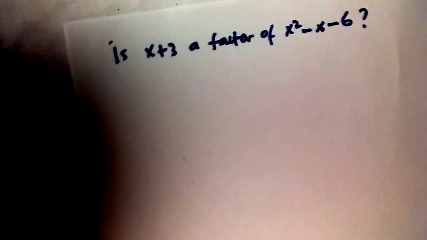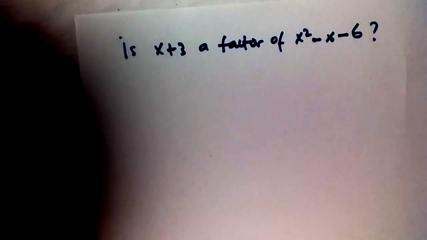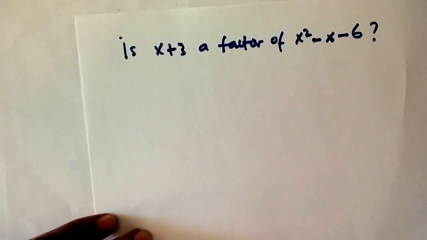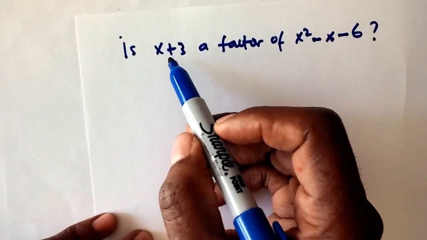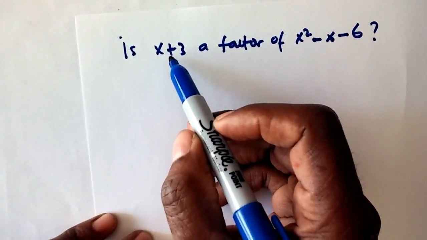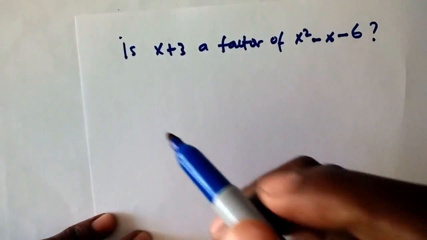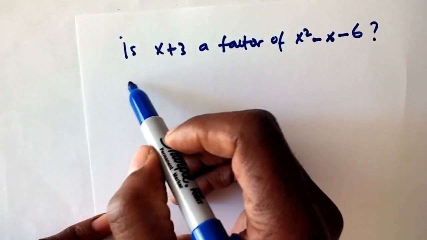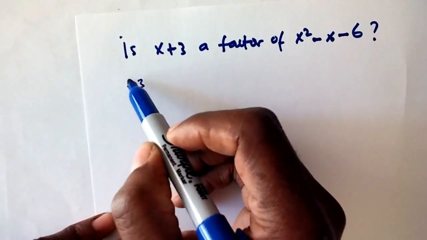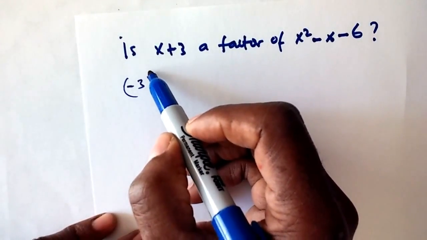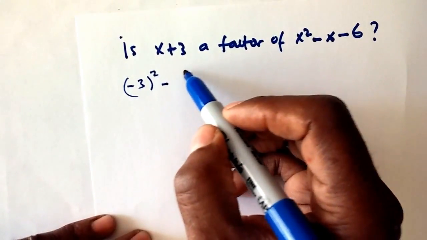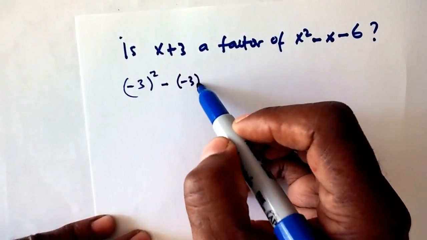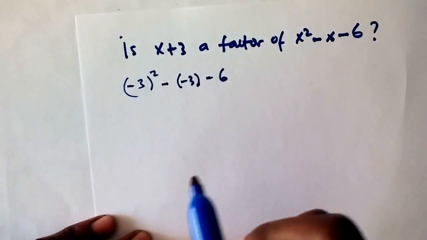So I'm interested in finding out the answer to this. Well, this is my f of x. All I need to do is to plug in x equals -3 into there. So we're going to do -3 squared minus -3 minus 6.